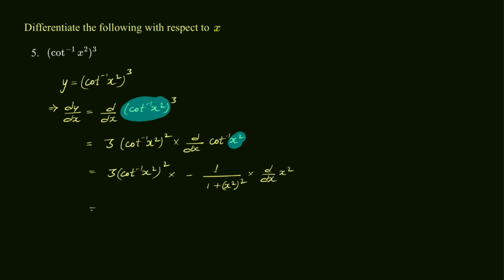So here it will be minus 3 cot inverse x square whole divided by 1 plus x to the power 4 into 2x. So it will be minus 6x cot inverse x square whole divided by 1 plus x to the power 4.